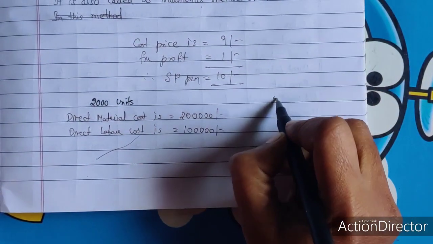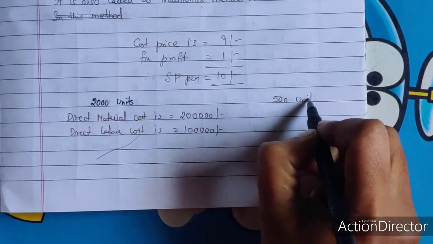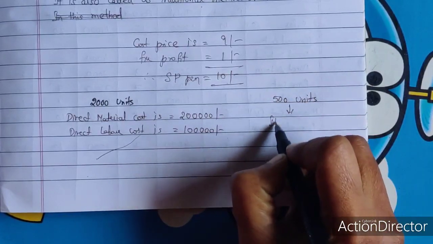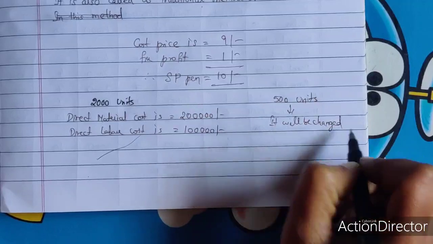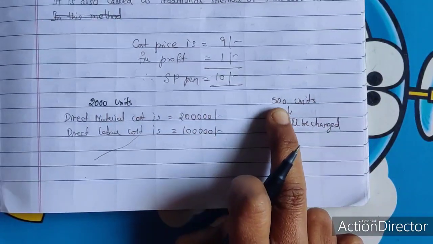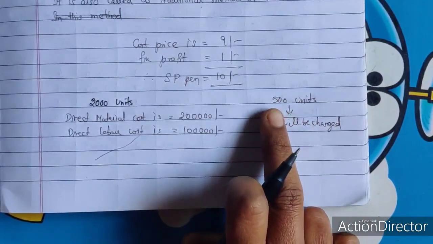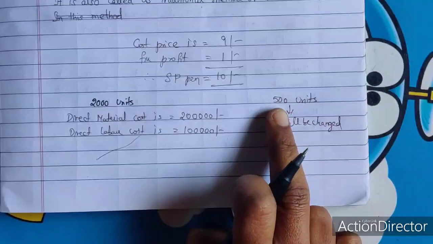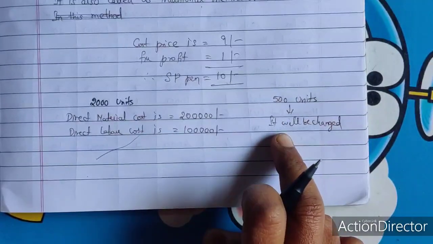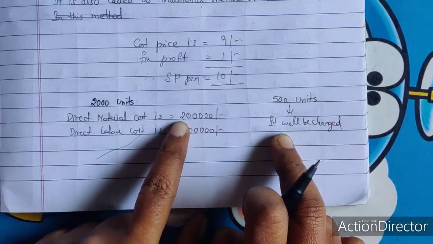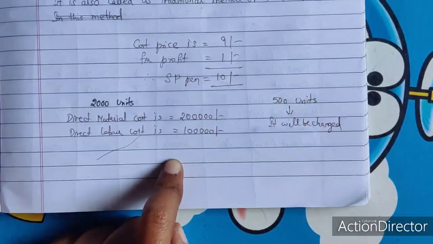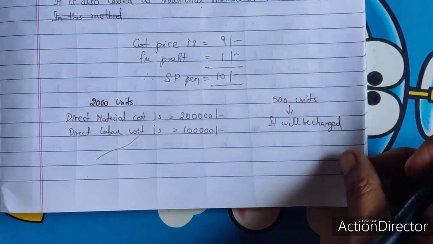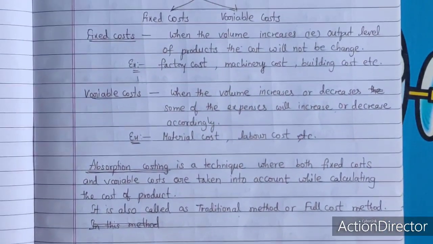For 500 units, it will be changed, because here the number of units produced will be decreased, so this cost also will be decreased accordingly. So this type of expenses are called variable costs.